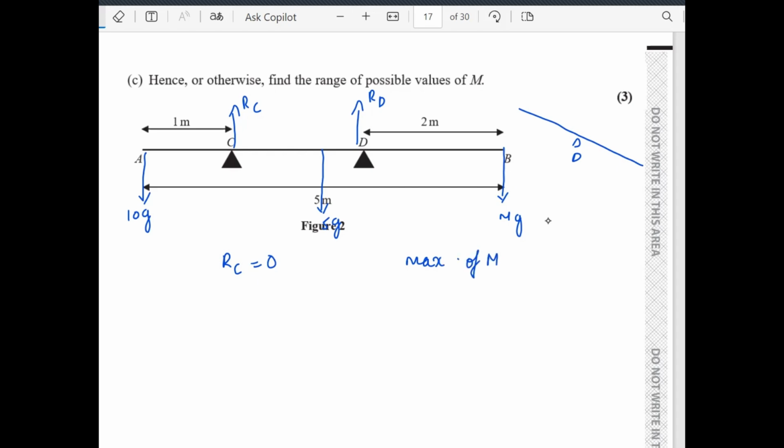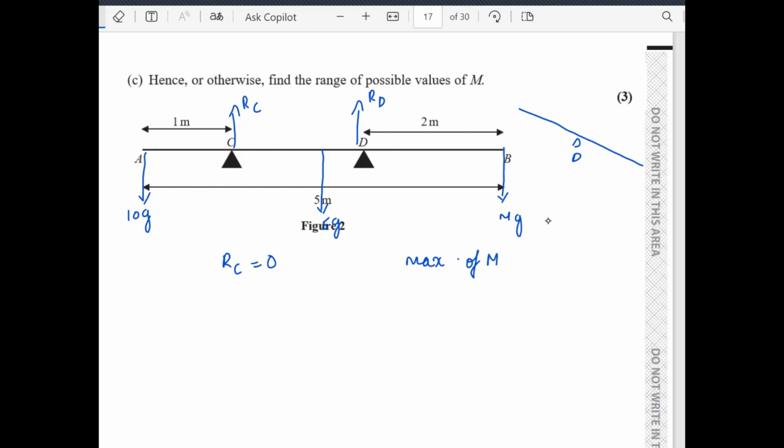If the m value is so big, it starts tilting at D. If it starts tilting at D, then there won't be any contact at C, since it's tilting at D. So RC we can equate to 0.